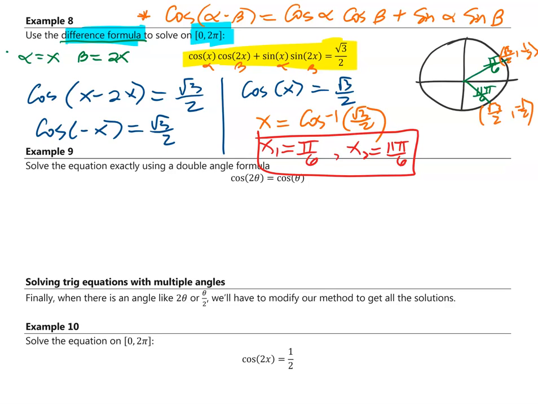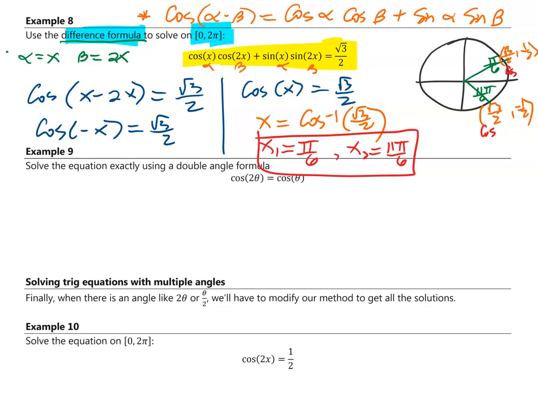On the unit circle here, pi over 6, that is your cosine is square root of 3 over 2. And also 11 pi over 6, cosine is square root of 3 over 2. So that's why we have the two answers, pi over 6 and 11 pi over 6.